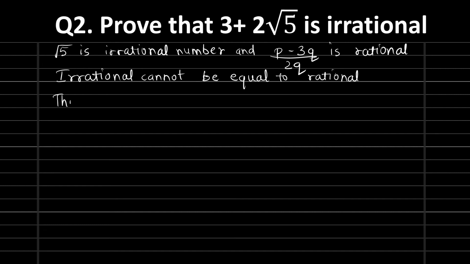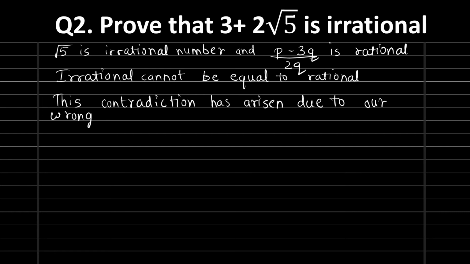So we can write down this contradiction has arisen due to our wrong assumption. What was our assumption? Our assumption was that 3 plus 2 root 5 is a rational number.